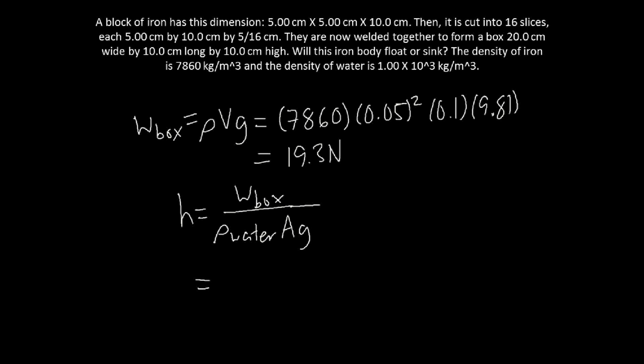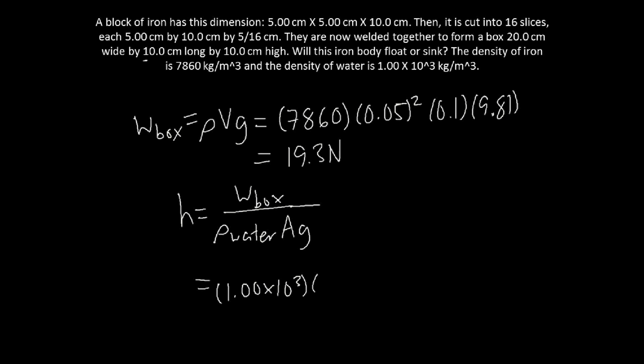So it will be equal to the density of water is given here, so 1.00 times 10 raised to 3 kilograms per cubic meter, and of course the area, length times width. Our length is 10 centimeters in here, it's given here.